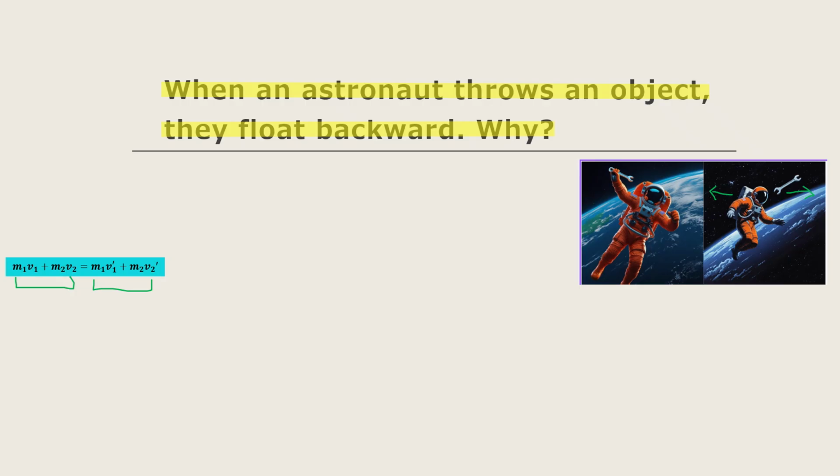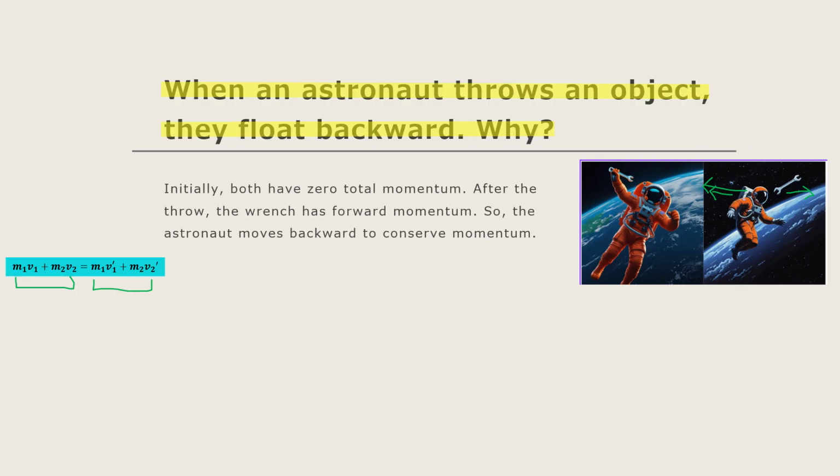So to conserve the momentum, the astronaut needs to move in the backward direction. That's why he is moving backward. So initially both have 0 total momentum. After the throw, the wrench has forward momentum, so the astronaut moved backward to conserve the total momentum.